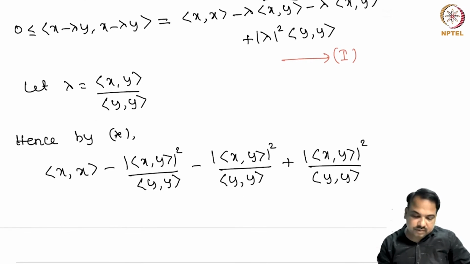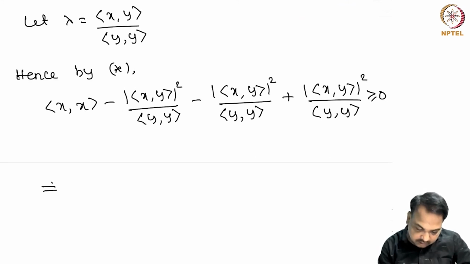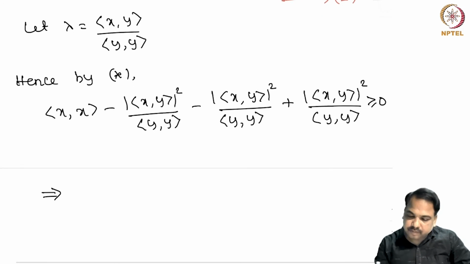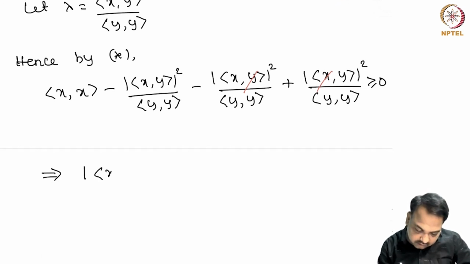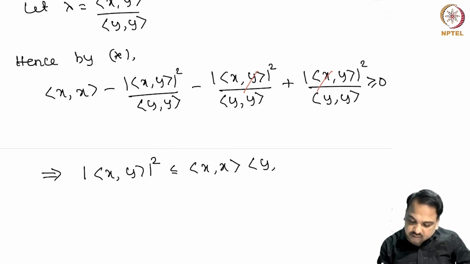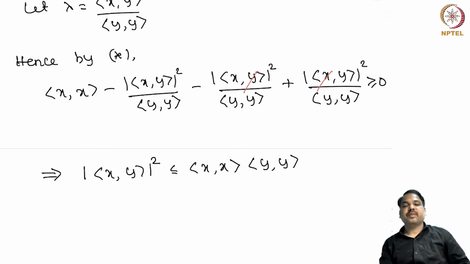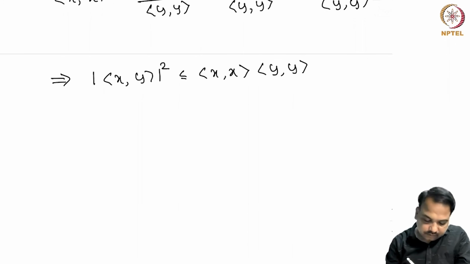We know that this quantity is always positive, so we can cancel one term here. If you simplify, you will get the modulus of the semi-inner product of x with y, squared, less than or equal to the semi-inner product of x with itself multiplied by the semi-inner product of y with itself. This is what we wanted to prove. This is case 1.